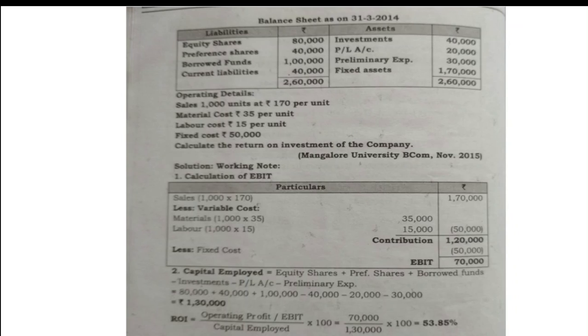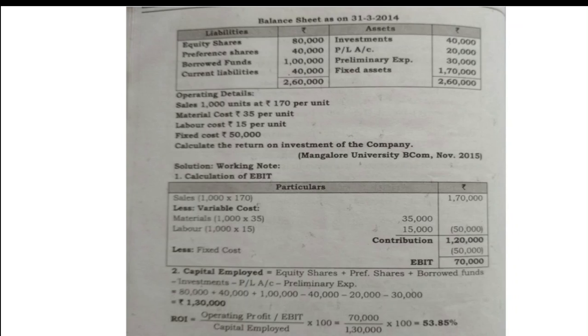From this we deduct the fictitious assets and investments: investments of rupees 40,000 given on the asset side, minus P&L account 20,000 and preliminary expenses 30,000. So totally we get capital employed of rupees 1,30,000.